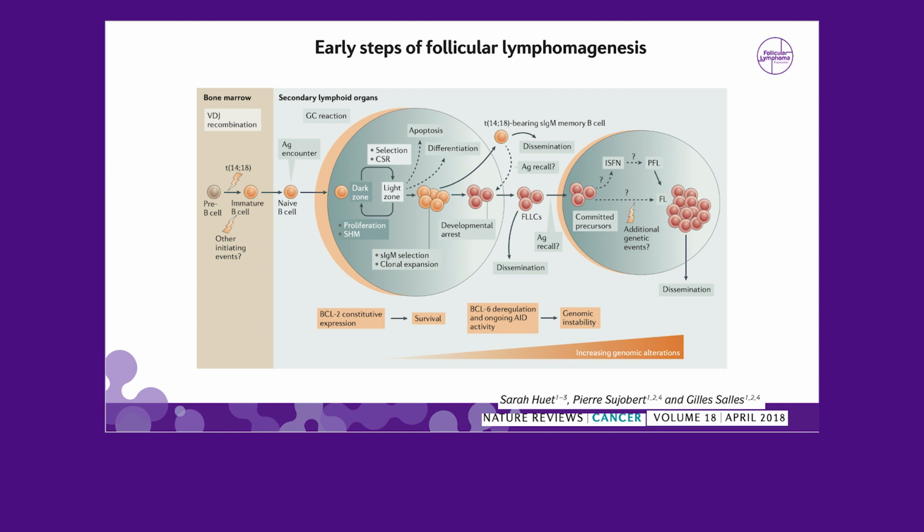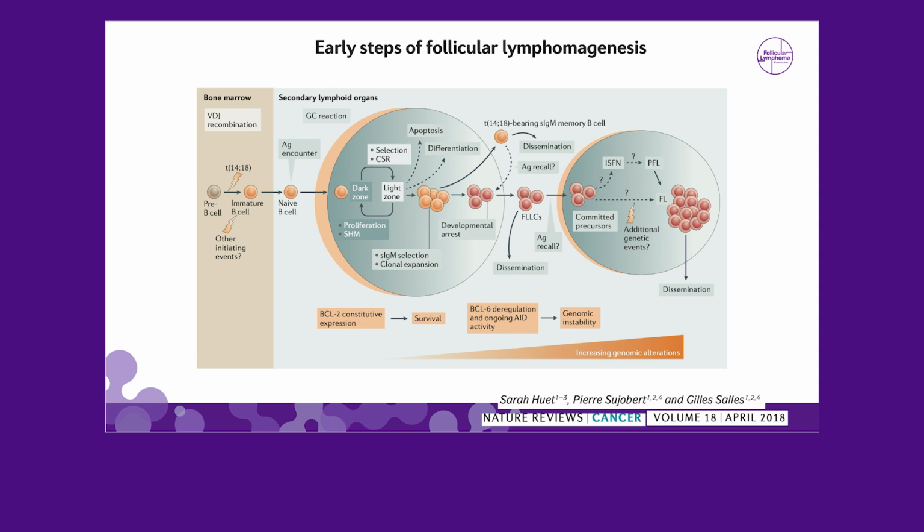In about half the individuals, and going up with age, using sensitive methods, you'll find circulating cells with the BCL2 immunoglobulin gene rearrangement. So this indicates, and as we heard before, that the BCL2 activation by itself is not enough. This is not enough for lymphomagenesis. So these cells circulate.